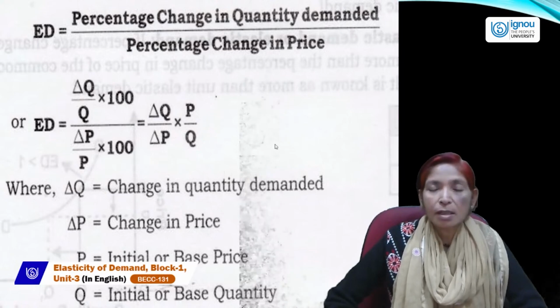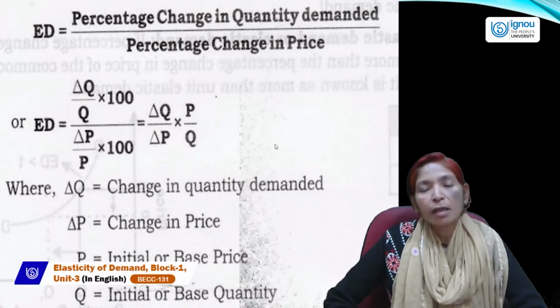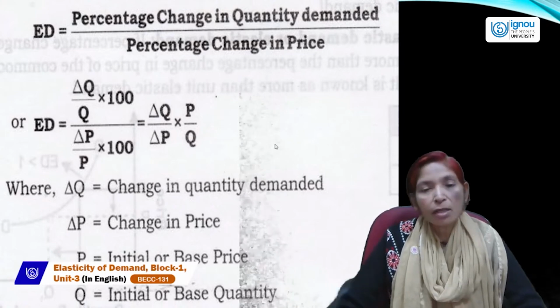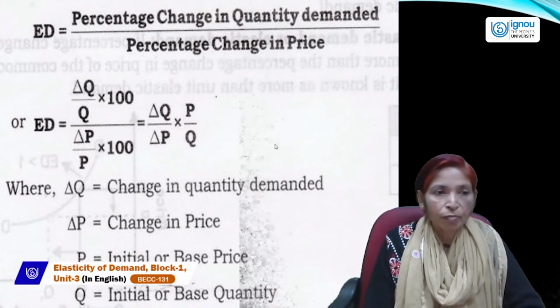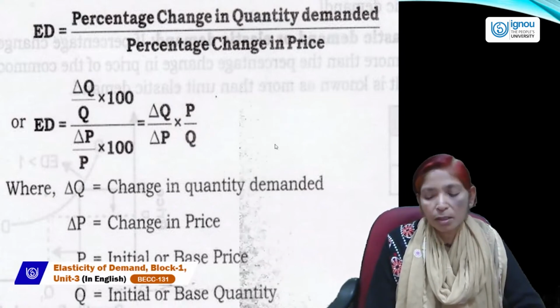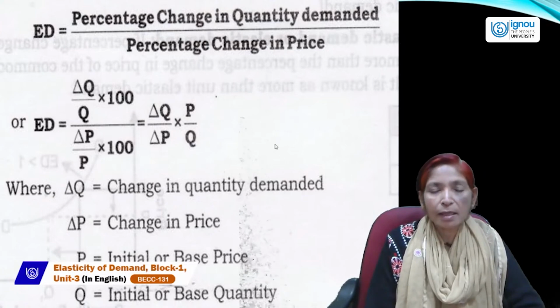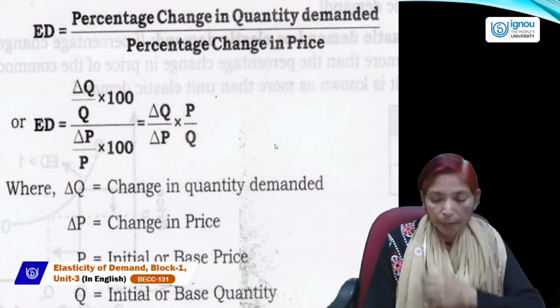And if the answer is infinity, it means demand is perfectly elastic. So we can estimate elasticity of demand by using these two formulas. The other formula is, if two prices and two quantities are given, then we can use delta Q by delta P into P by Q.